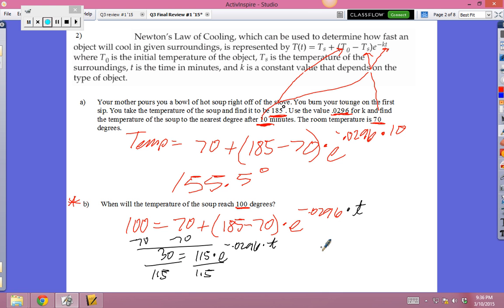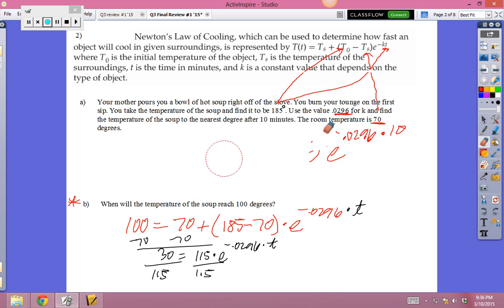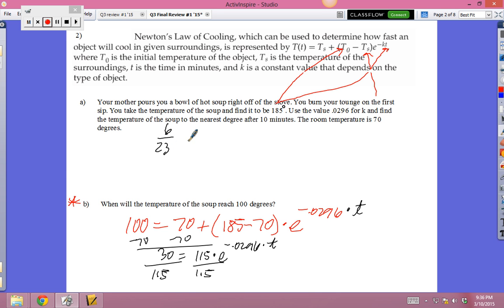Okay, the calculator tells me it's going to be 6/23. So I'm going to erase this space and start using this space. So 6/23 is equal to e raised to negative 0.0296 T.